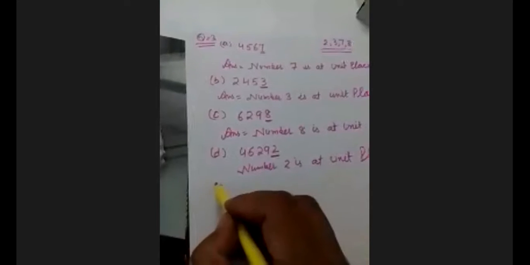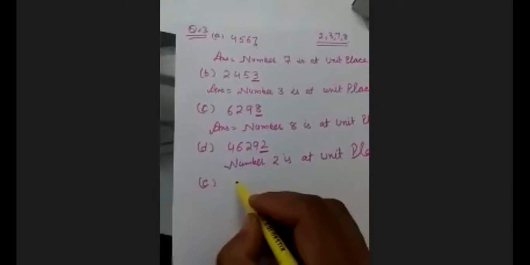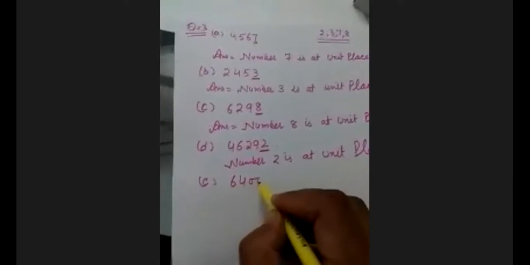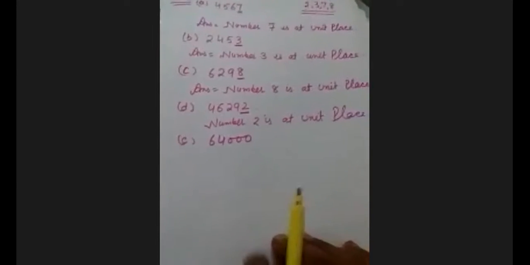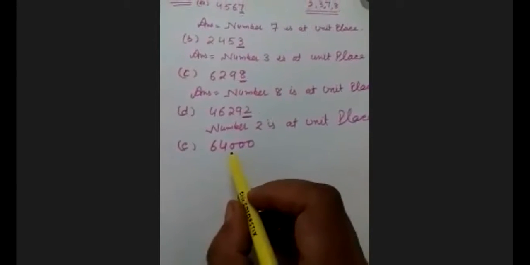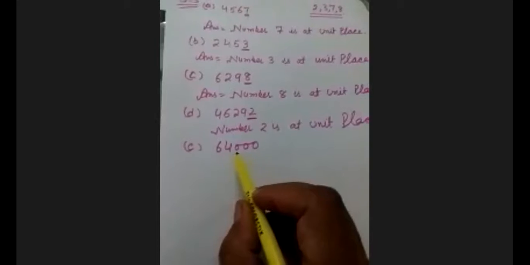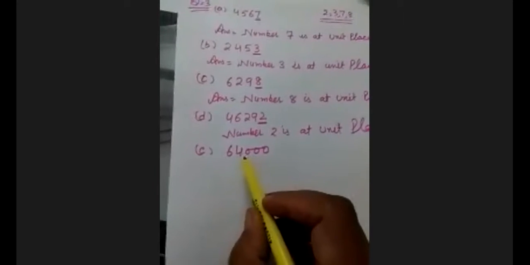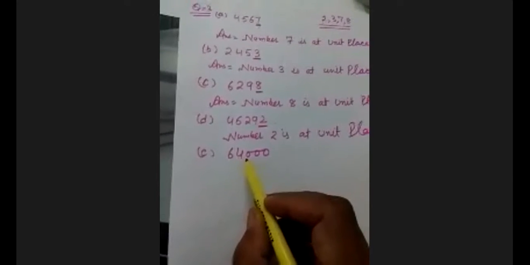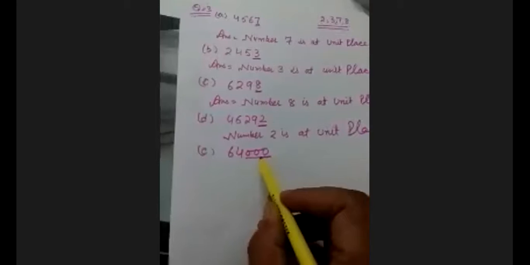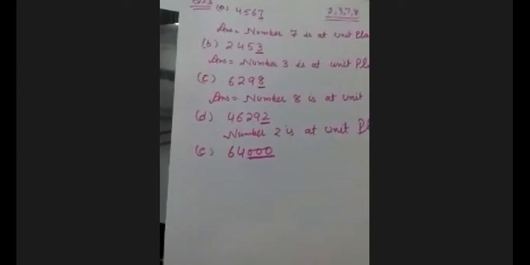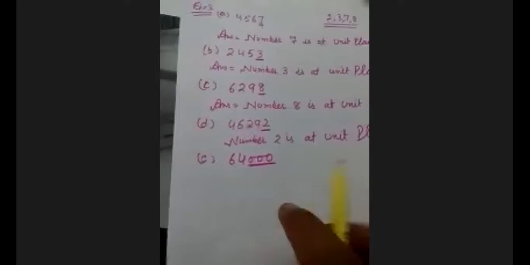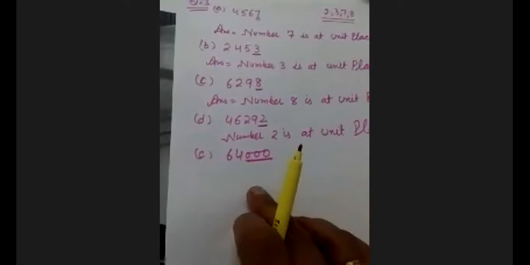Next is part E, 64,000. Now students, here we are using the second property of perfect squares. If your number is ending with an odd number of zeros, then the given number is not a perfect square.